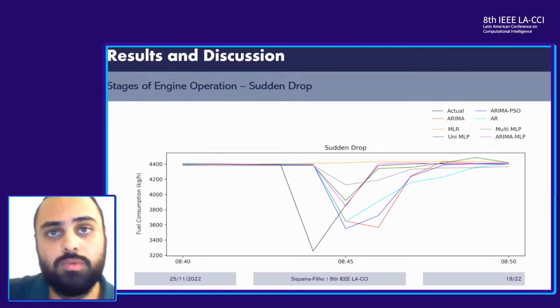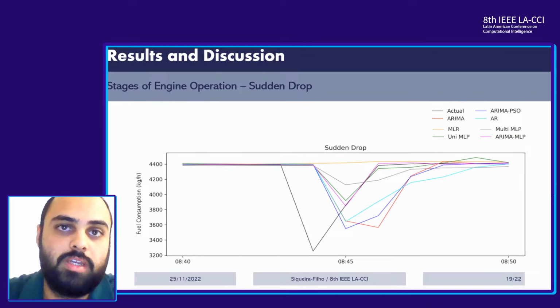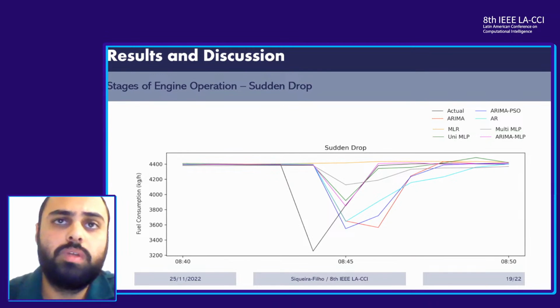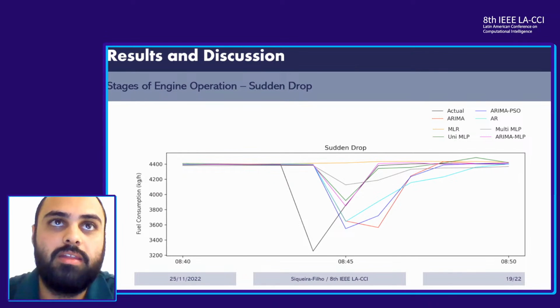When the valve is closed, the fuel that had been lost through micro leaks is reused during this period. So it's basically an unpredictable situation for any model, because it's not read by the sensor that the models are trying to predict.